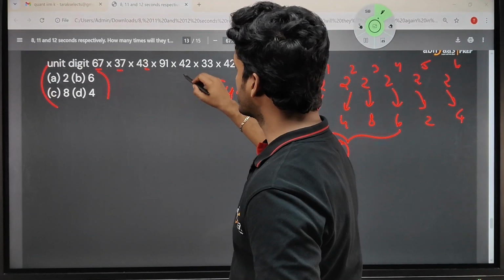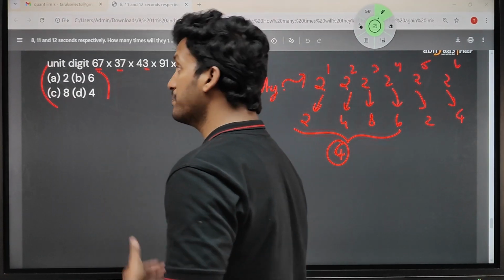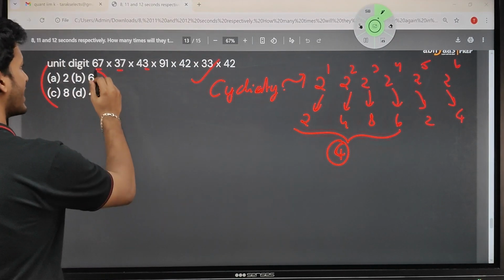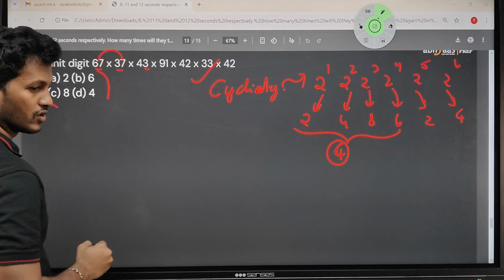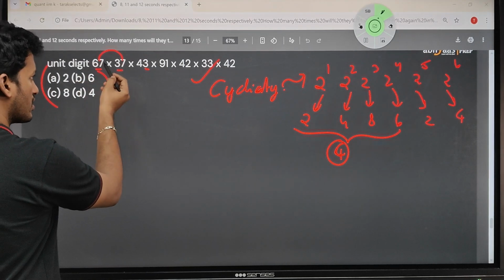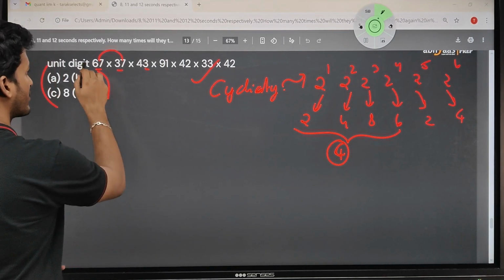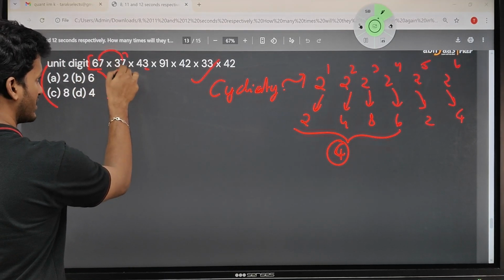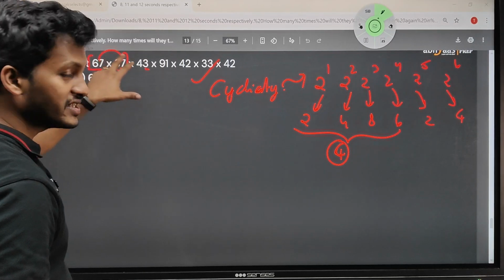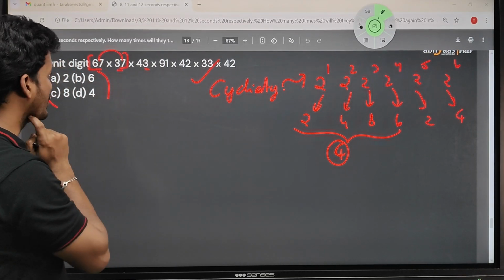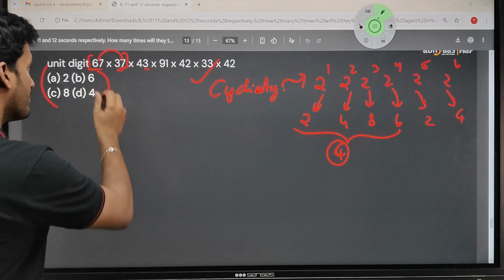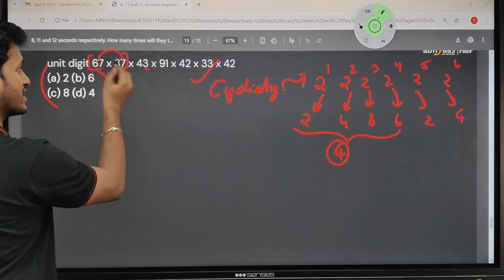Okay, what about this problem? In this problem we don't have any powers or exponents. We can directly multiply the ending numbers or unit digits. 7 into 7. When you perform conventional multiplication for 67 into 37, you will multiply 7 and 7 first. That means the unit digit of 7 and 7 will be the unit digit for 67 and 37 itself.